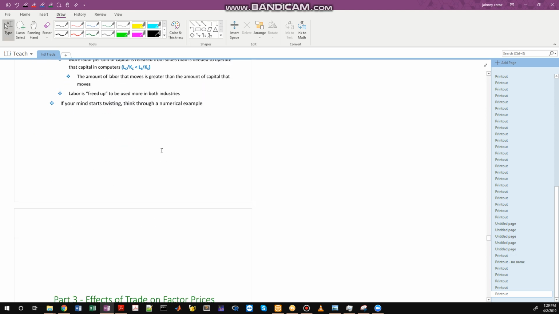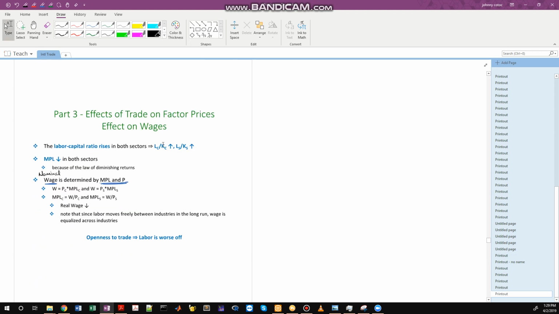Because we know that as these go up, there's more labor per capital. That means each unit of labor becomes less productive. The marginal productivity of labor goes down. And since nominal wage is MPL times P, you see that here, nominal wage equals P times MPL. Real wage is MPL, which is wage over price.